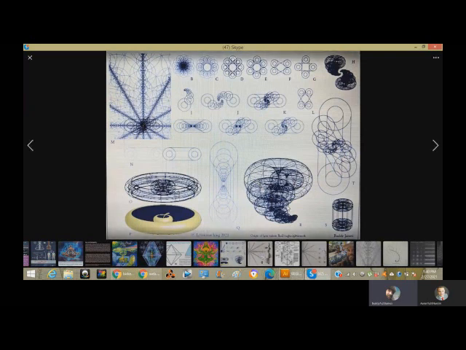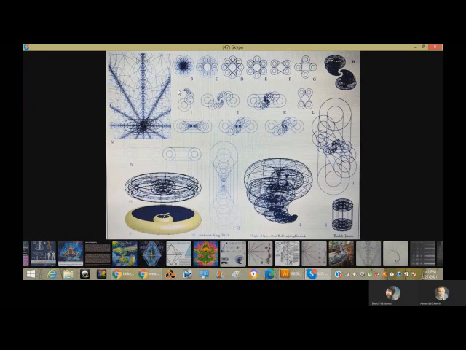And so, as above, so below. That's definitely one of the main ideas here. This geometry, as it is cavitating, all things are cavitating. The whole universe, life is cavitation.